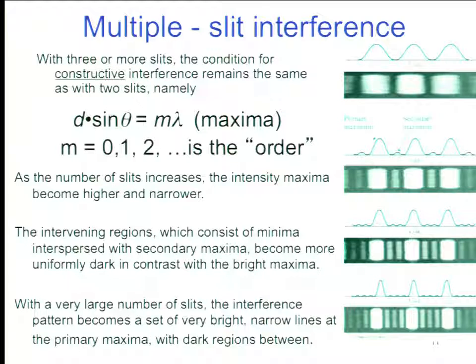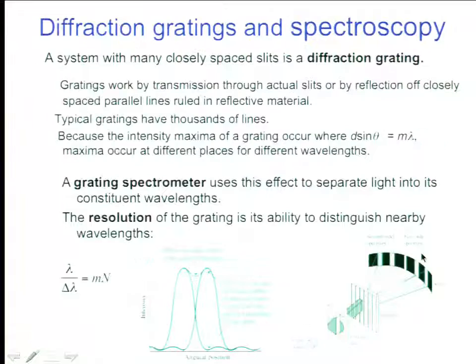And so what you get in a real situation is the product of the two. That gets to be pretty complicated. But what you have is principal maxima due to the fact that you have multiple slits, and then you get a pattern on top of that.